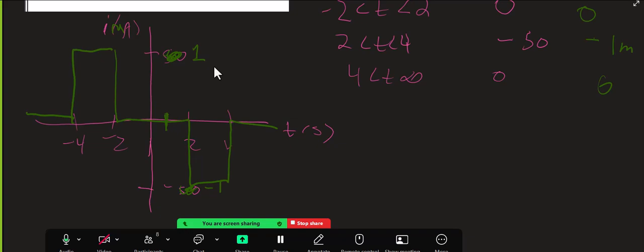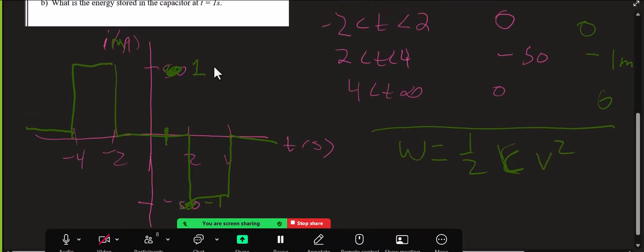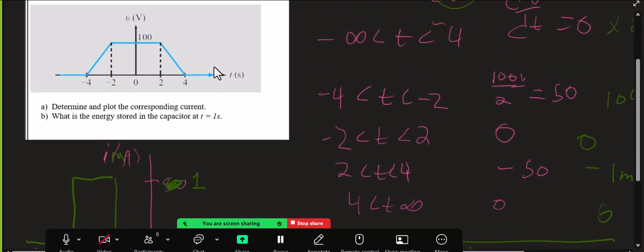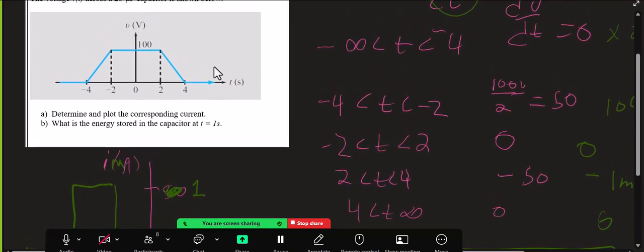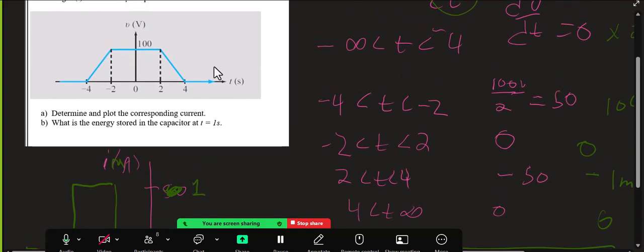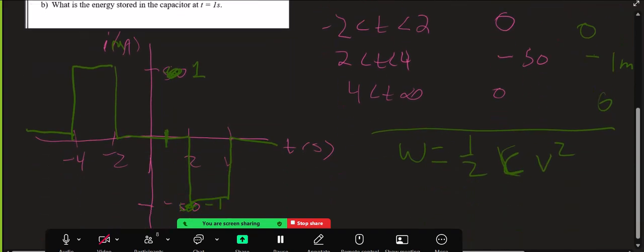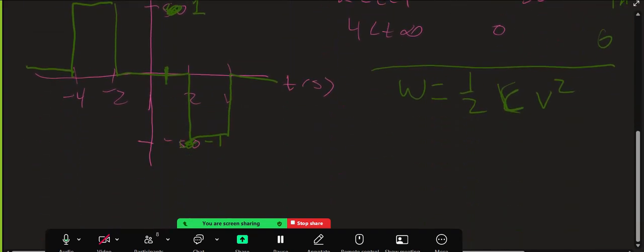One way is the straightforward way, that the energy is 1/2 CV squared. Well, what is V? It's this graph up here. So we can look at the graph and see what V at 1 second is. What is the voltage when we're at 1 second? 100. It's 100.